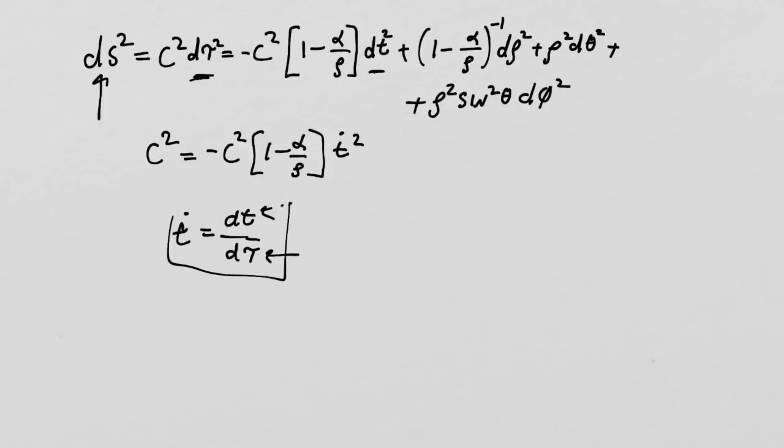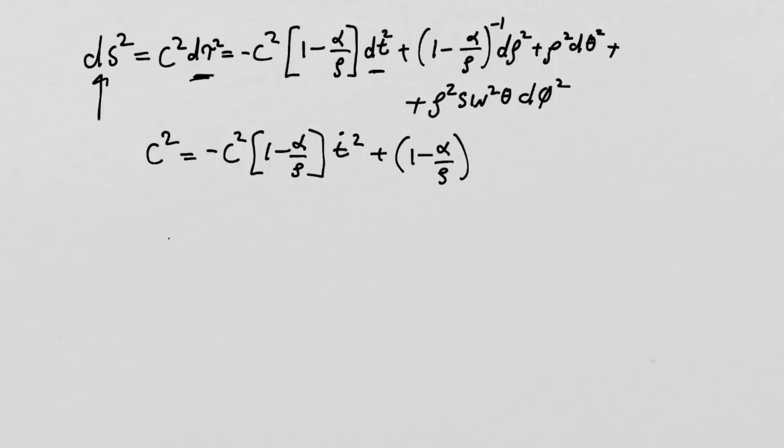So once we do this, we get this t dot squared, and then we get plus 1 minus alpha over rho to the negative 1, and then this becomes rho dot squared, same principle. Now this one here just goes away because d theta is 0, right? Because we're still assuming that theta of any parameterization is still pi over 2, constant.